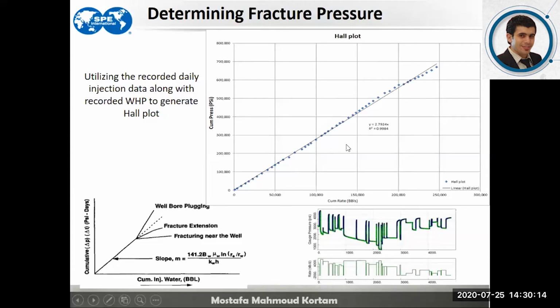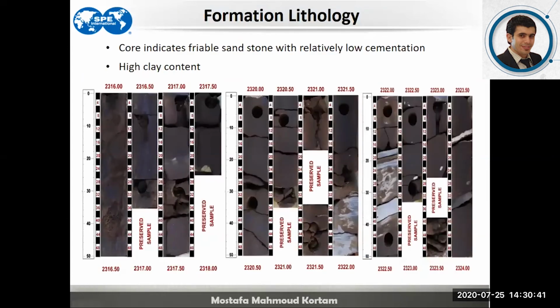So we have a good injectivity index, and at the same time we are injecting below the fracture pressure. But caution should be taken toward the injection of the polymer, because we have to understand that the upper limit of the injection is constrained by the fracture values that are very low indeed.